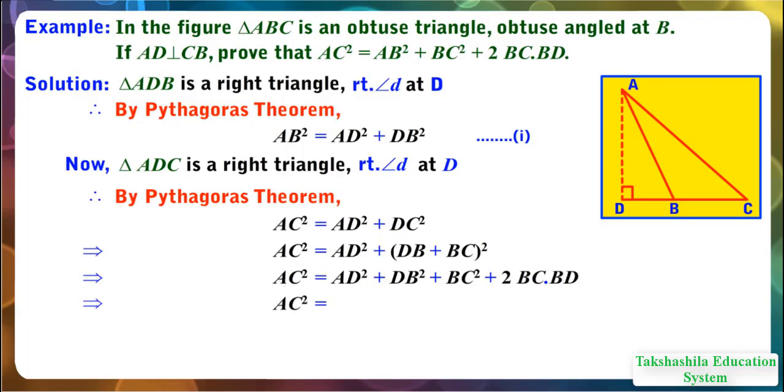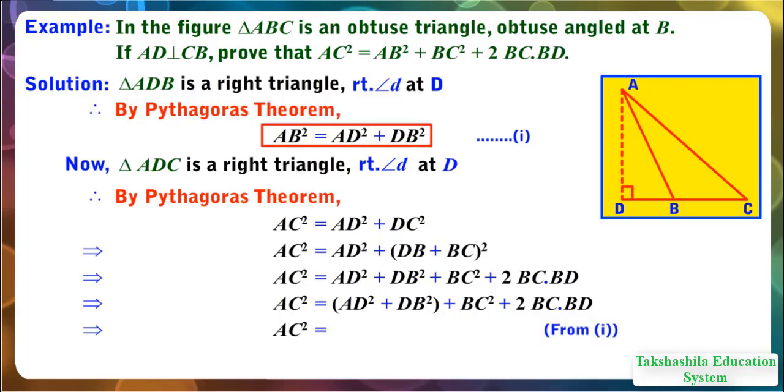This implies AC square is equal to, combining AD square and DB square, plus BC square plus twice BC into BD. This implies AC square is equal to, from first we have AD square plus DB square is equal to AB square. So in place of AD square plus DB square we can write AB square plus BC square plus twice BC into BD.